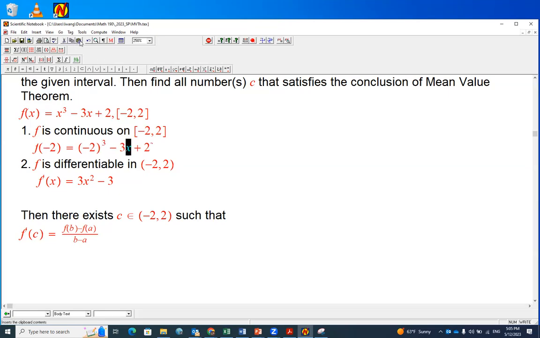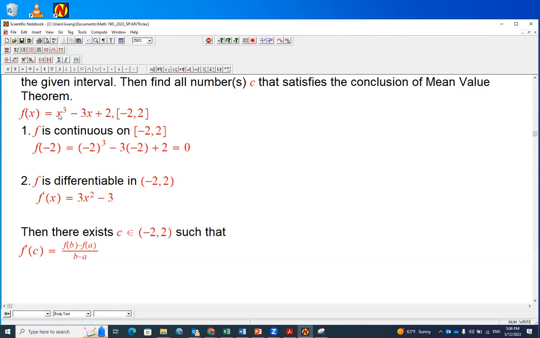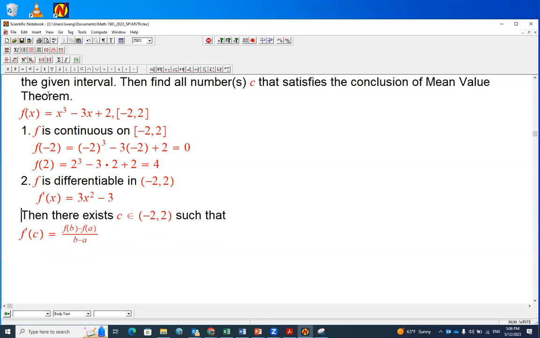Okay, so multiply negative 2 and evaluate it. That's a 0. And what is f of 2? Right, so we're going to substitute x by 2 in the function. So this way, f of b, f of a, they're all found. So this is 2, this is 2. Make sure you get the number properly expressed. All the numbers we need are found, right?